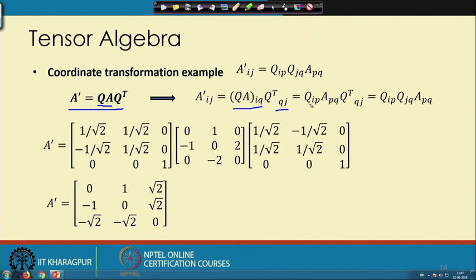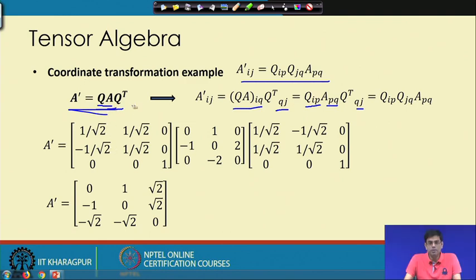If I now write Q and A again in index form, I introduce p in this index: Q_ip, A_pq, and then Q_jq. So you see this is Q_ip, Q_jq, A_pq, which is similar to this. So the index form is this, and the tensorial form is this.